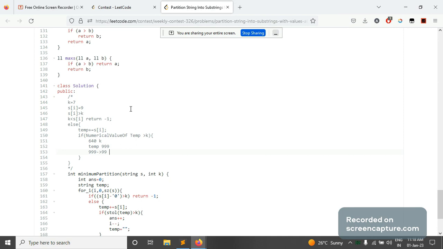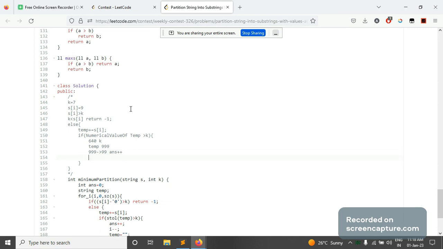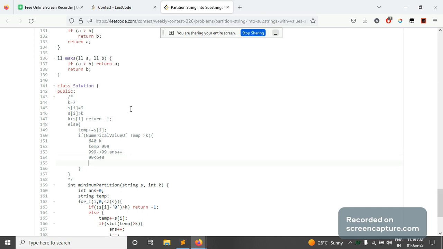We will make our temp in this form, and we will increase our answer. We have got a substring whose value is less than k. Obviously, 99 is less than 640. So through this we can take the thing.